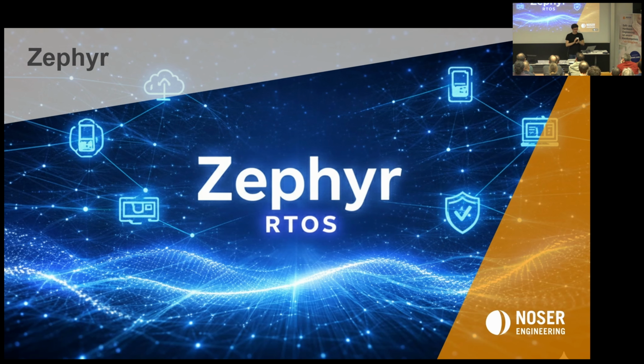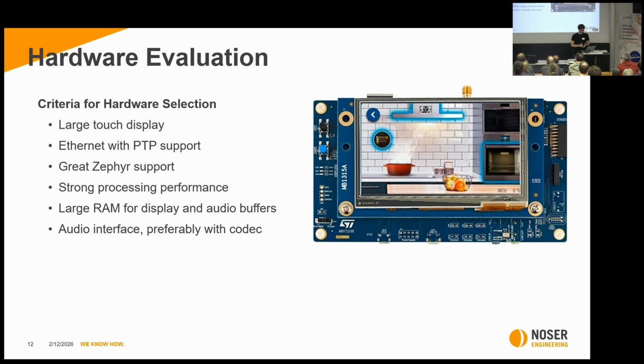Next part, getting started with Zephyr. First of all, I need some hardware to play with. And of course, this project is mainly for demonstration purposes. I selected the one with the largest display, a color touch display. Most important part: then we needed Ethernet support with PTP, which is quite common today. To make my life a bit easier, I selected one with great Zephyr support already out of the box.